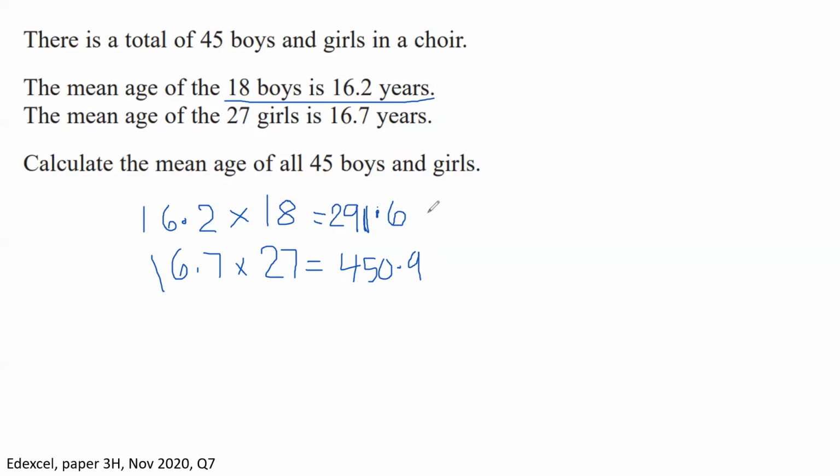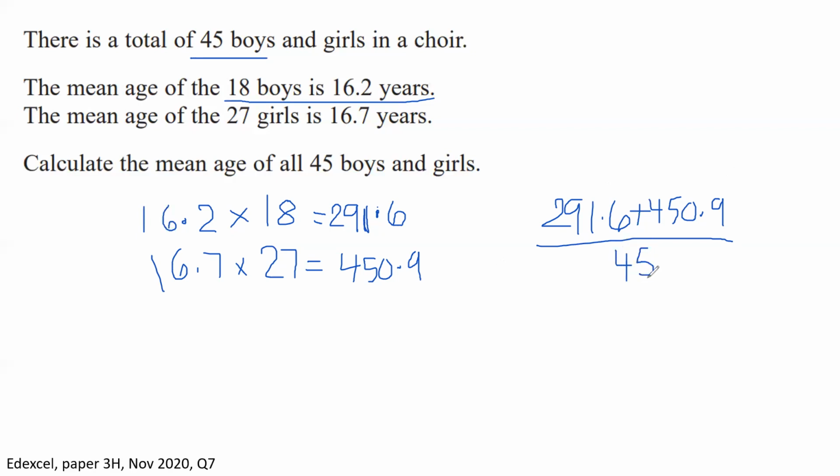Now we can ask, what's the total age of all of the children? If we add these together, we get 291.6 plus 450.9. This will give us the total age for all of the children. Then we know that when we're finding the mean, we find the total ages for all of the children, and then we divide by the frequency, or the number of children that we've got here.